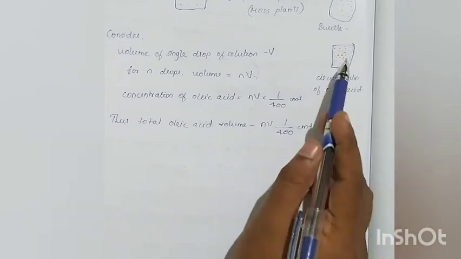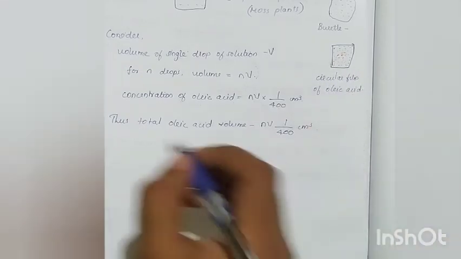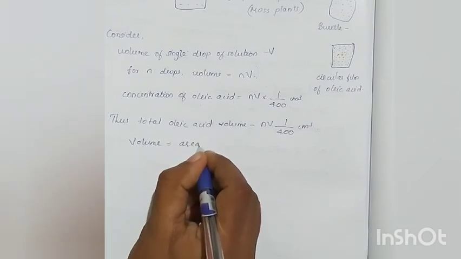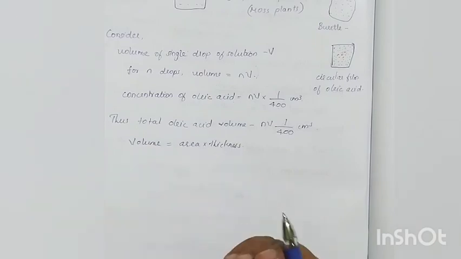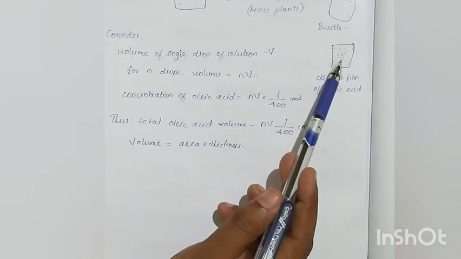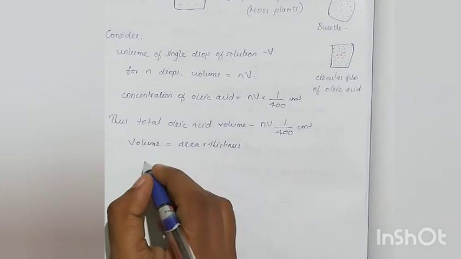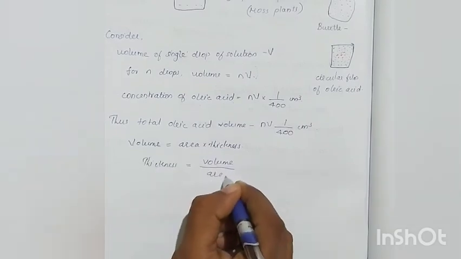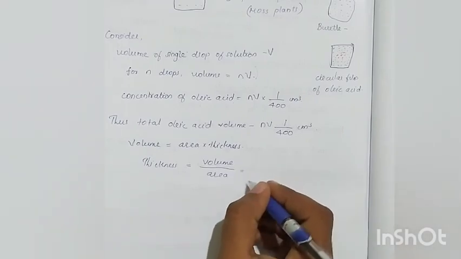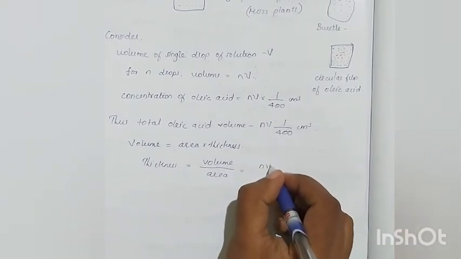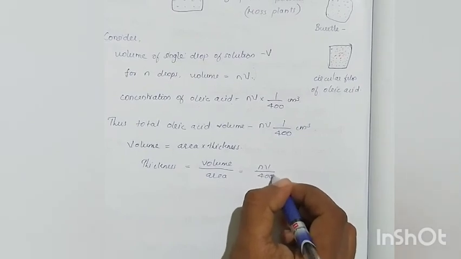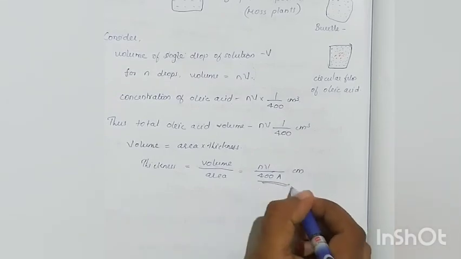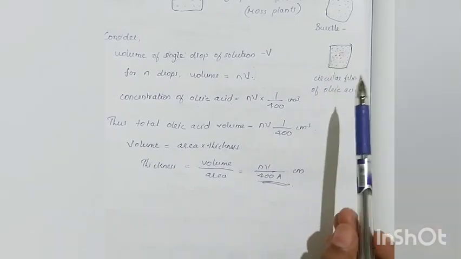Now if we know the area of this layer, we know that volume can be written as area into thickness. And if we know the area of this circular layer of oleic acid, then we can get thickness as volume divided by area. Here we know that the volume is nV by 400, and dividing this by area gives the thickness of our oleic acid layer.